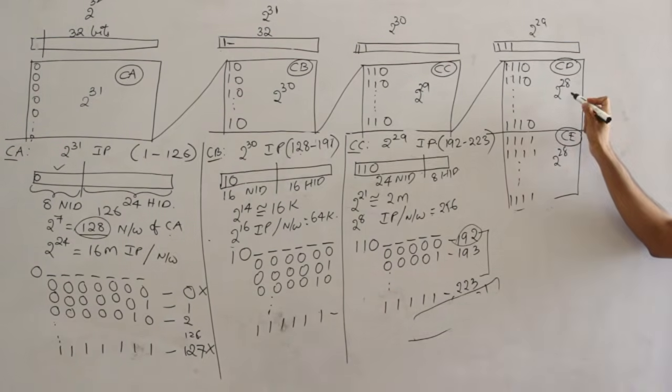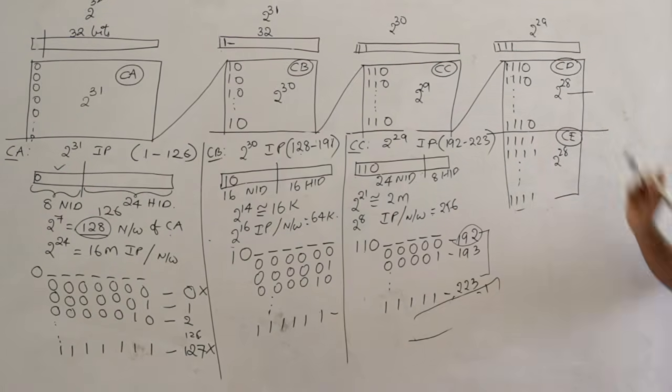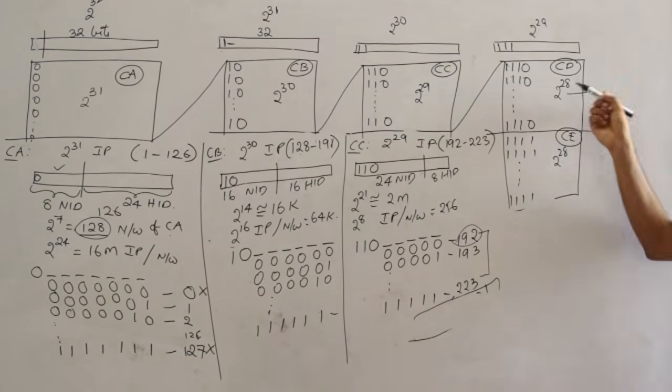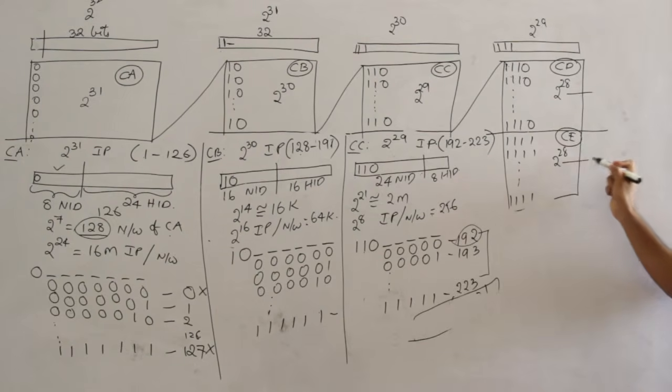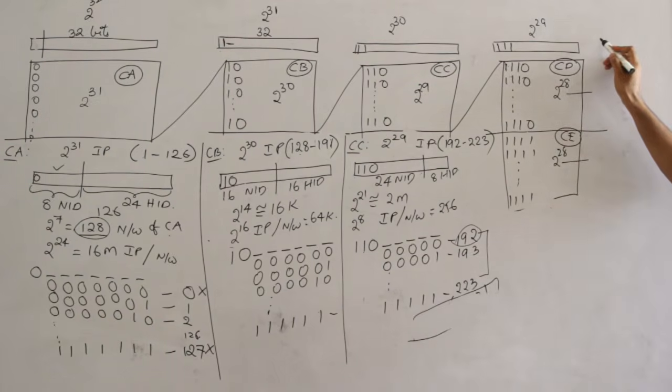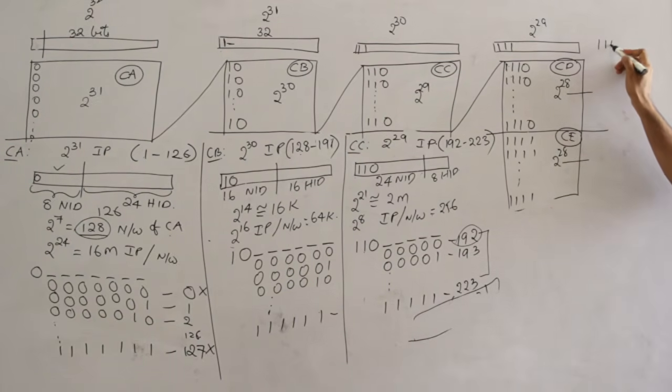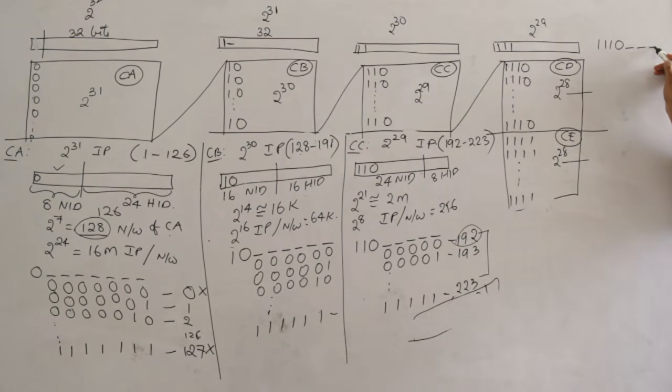So how many IP addresses are present in class D? It is nothing but 2 power 28. And how many IP addresses are present in class E? It is nothing but 2 power 28. If you want to see the range of class D, it starts with 1110, and how many bits are remaining? 1 2 3 4, which means 0 0 0 0, right?